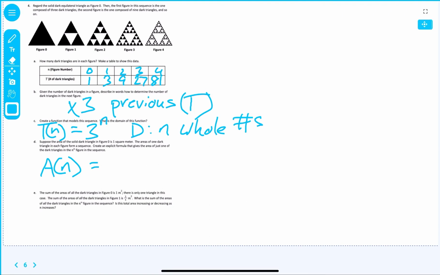Now, in figure 1, how many small equal triangles are there? 4. So that would be how much of the first triangle?